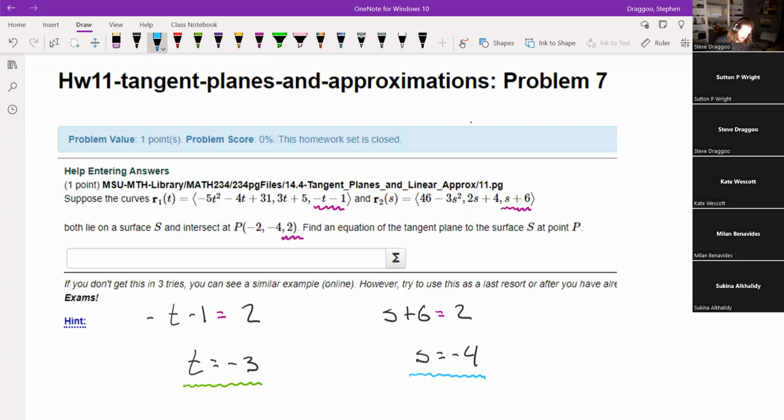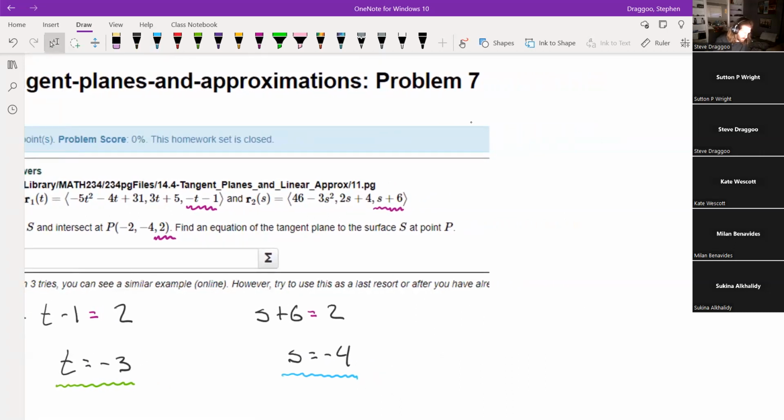Let's start by establishing a good idea of how to get that normal vector, N. Probably the easiest way to get a normal vector is to find two tangent vectors and take their cross product. Since I've got two curves that I know are on the surface and intersect at the point, I should be able to find a vector that's orthogonal to both of them by taking the cross product of their derivative vectors.